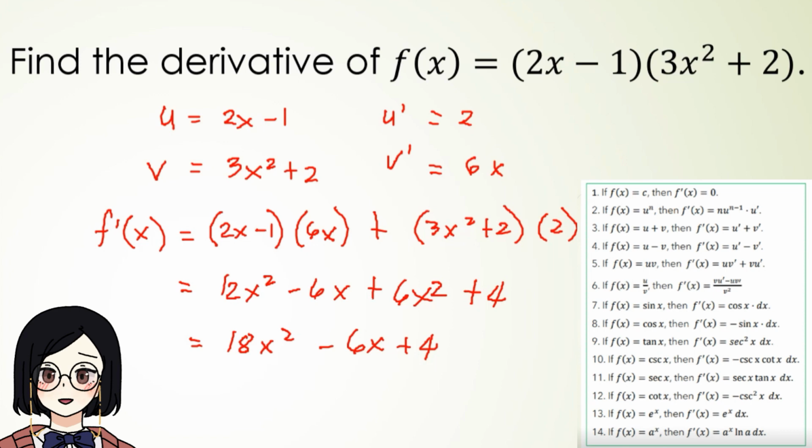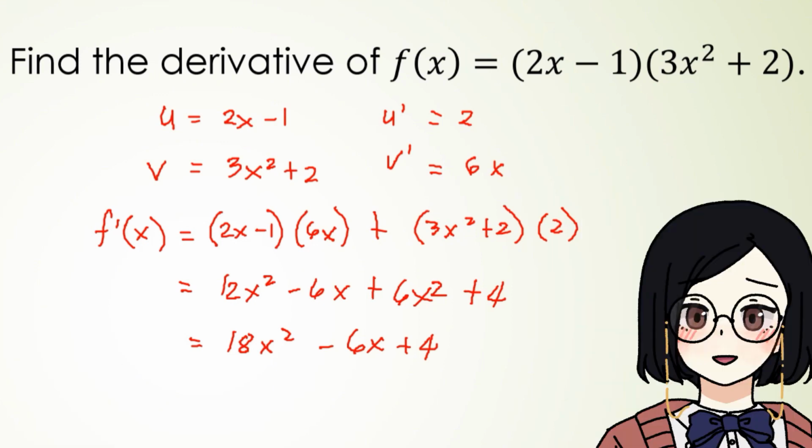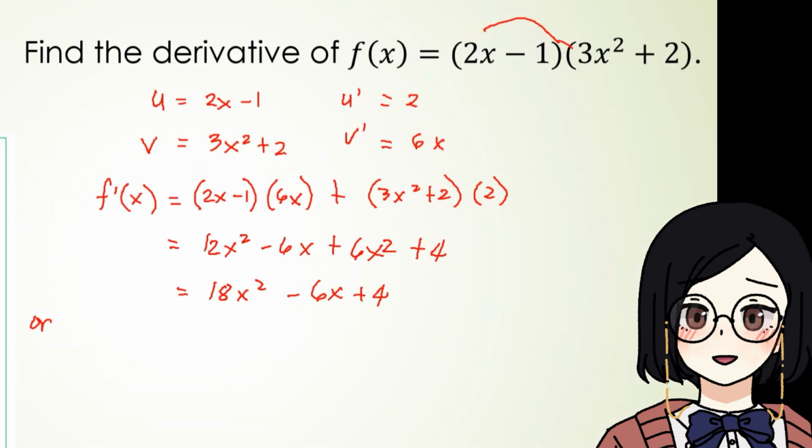What if we apply the FOIL method first and then get the derivative? Then we will have 2x times 3x squared, which is 6x cubed. Then 2x times 2, that is 4x.